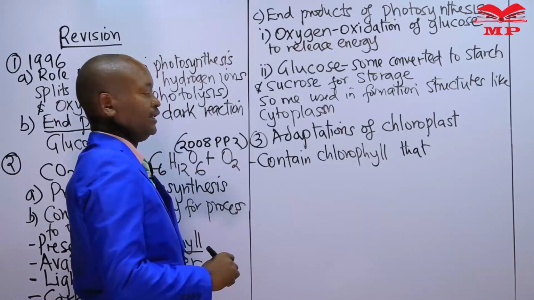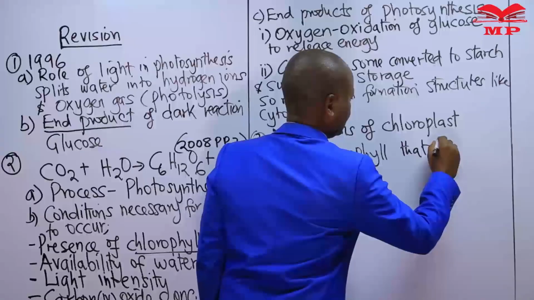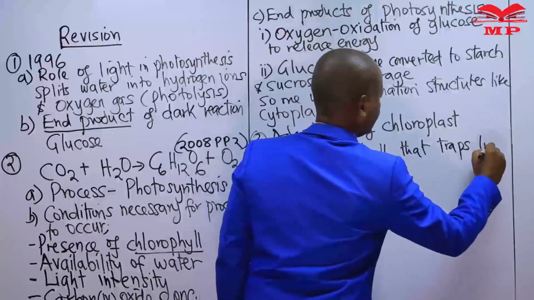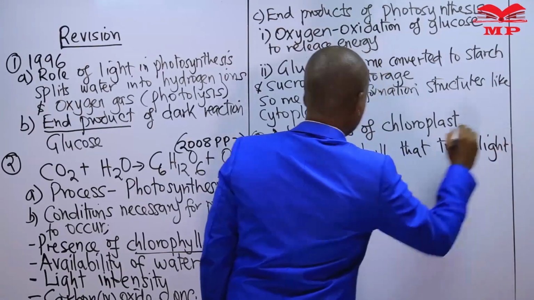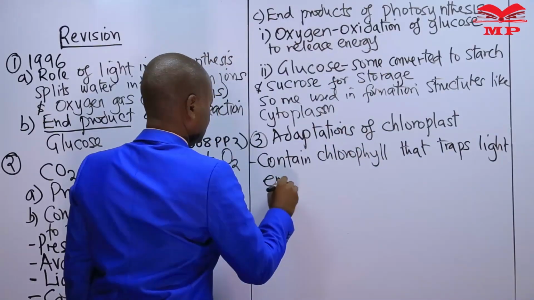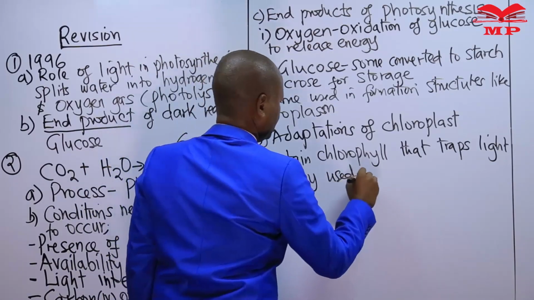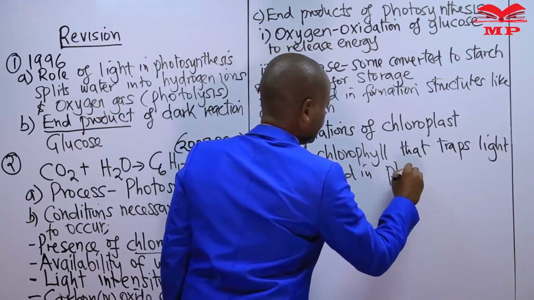The chlorophyll normally traps light energy, that traps light energy used in photolysis.